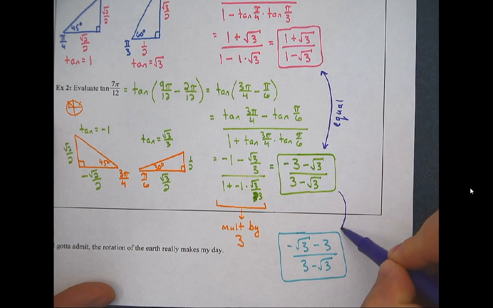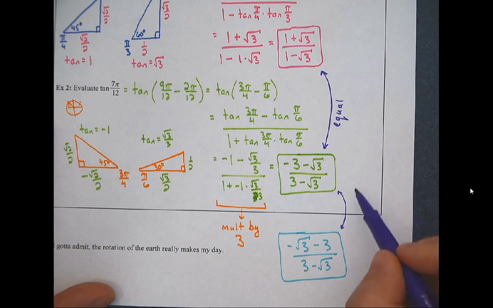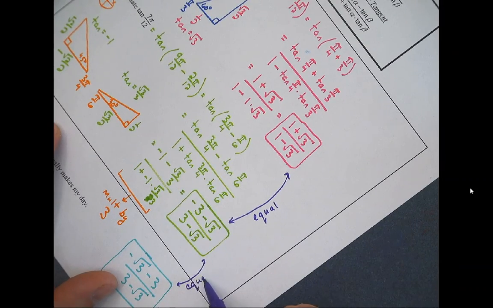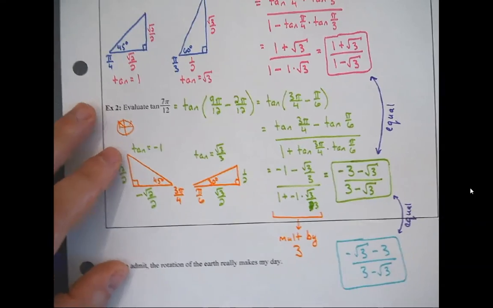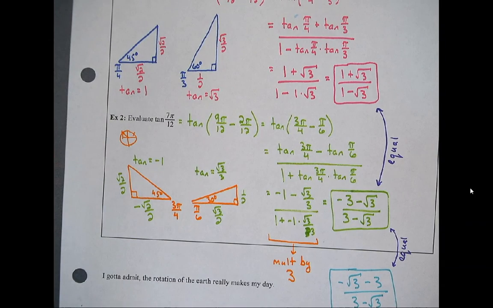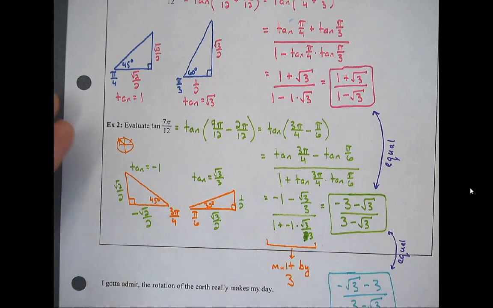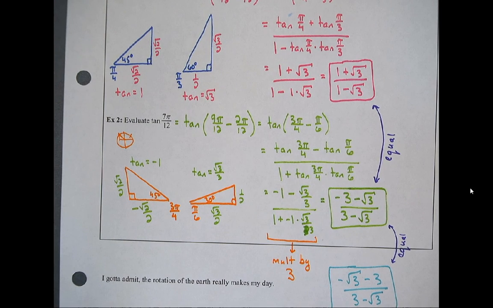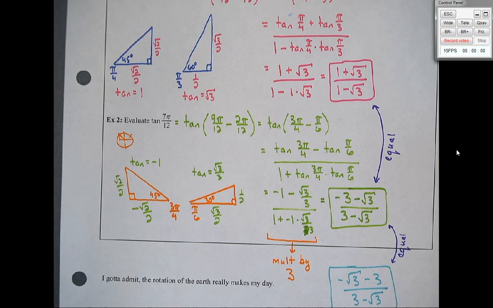So answers to tangent are going to look a lot different, but they're actually the same thing. This also is equal. So depending on how you pick your breakdown, you're going to get answers that look a little bit different. So anyway, all right. So now we should be able to do sum and differences for tangent as well as sine and cosine from last time.